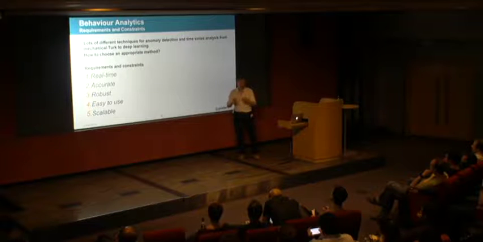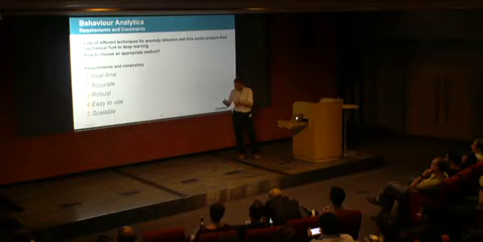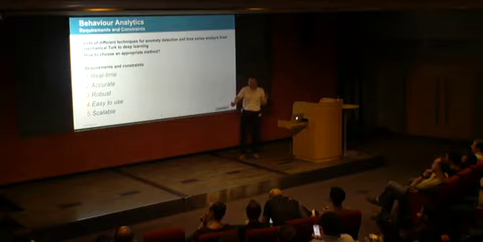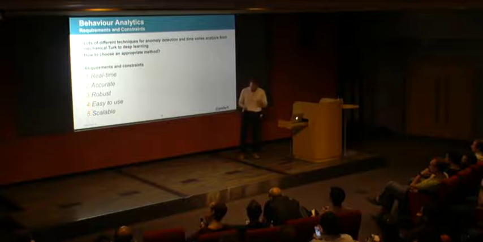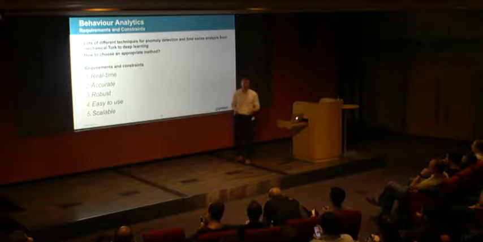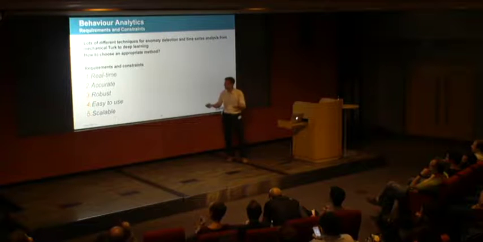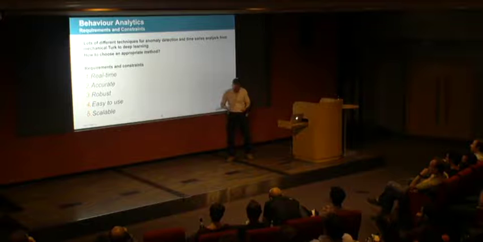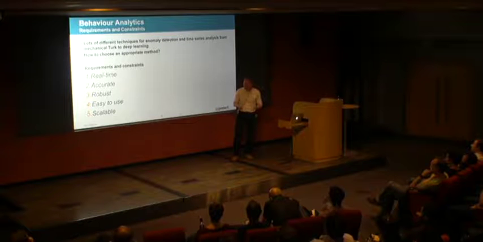You want to do that in as timely a fashion as possible, because that can cost the user money. You don't want to go and batch analyze offline and come back later with a result. Accuracy is obviously key, so false positives and false negatives are things you want to minimize.